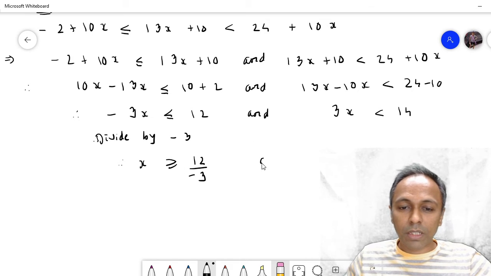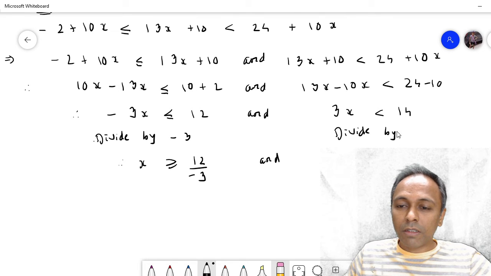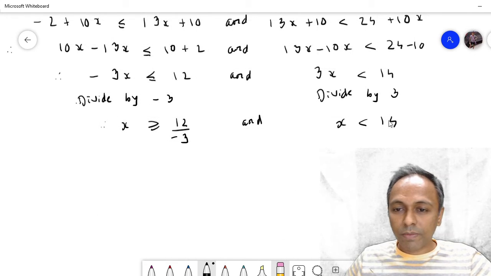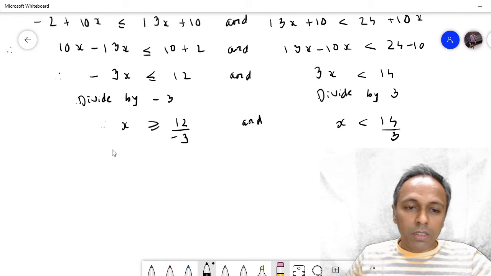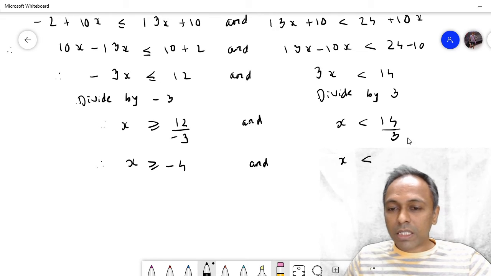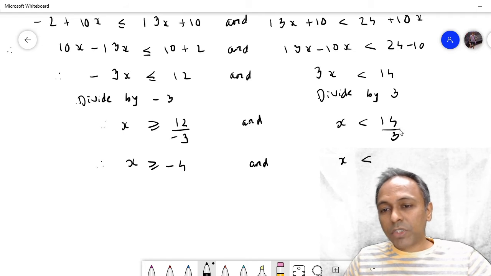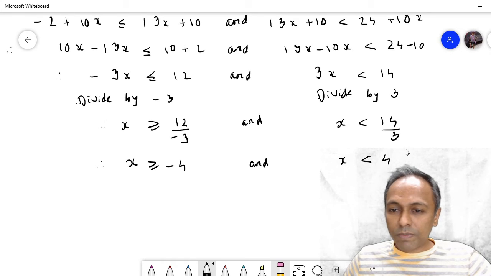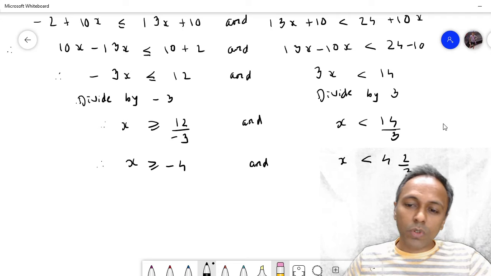The sign will change to opposite, and here you can divide by 3, no change of sign. x is less than 14 upon 3. Therefore x is greater than or equal to -4 and x is less than 14/3. If you divide it you will get a recurring decimal, so it is better to write it as a mixed fraction, 4 2/3, remainder will be 2.